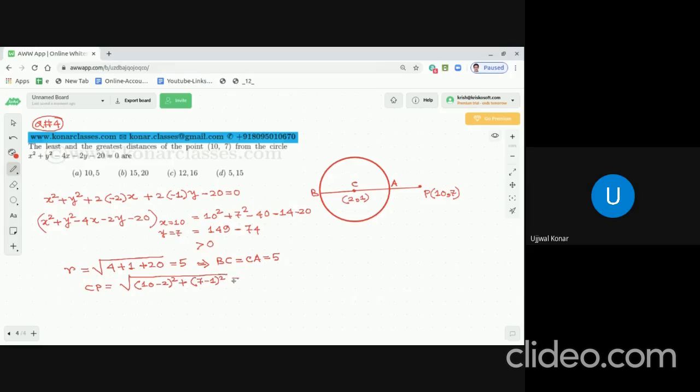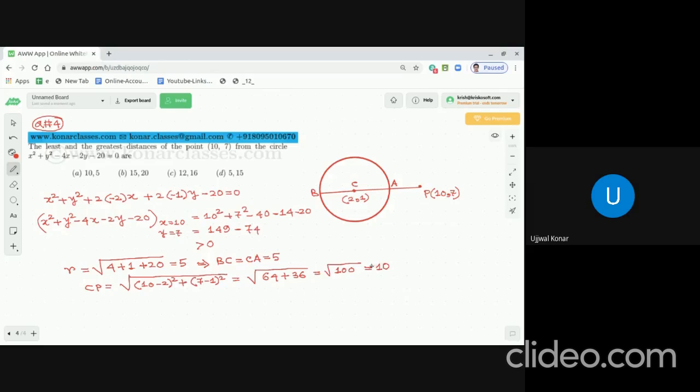That is square root of 10 minus 2 is 8, that is 64, plus 7 minus 1 is 6, that is 36. So CP is equal to square root of 100, that is 10 units.